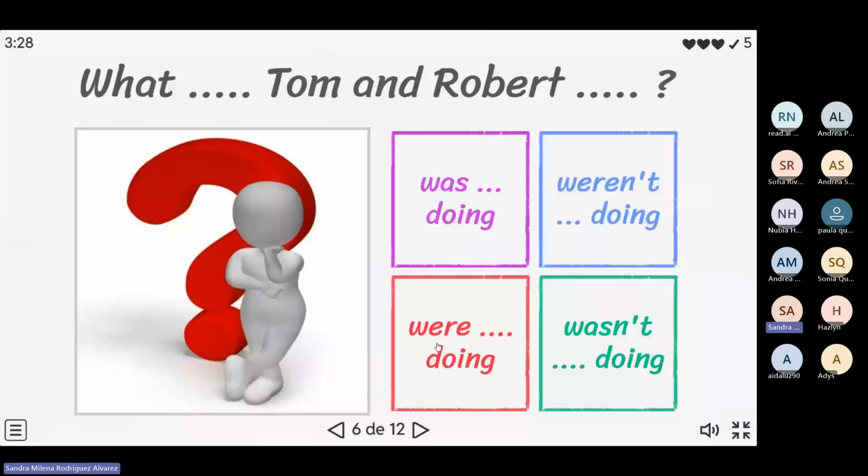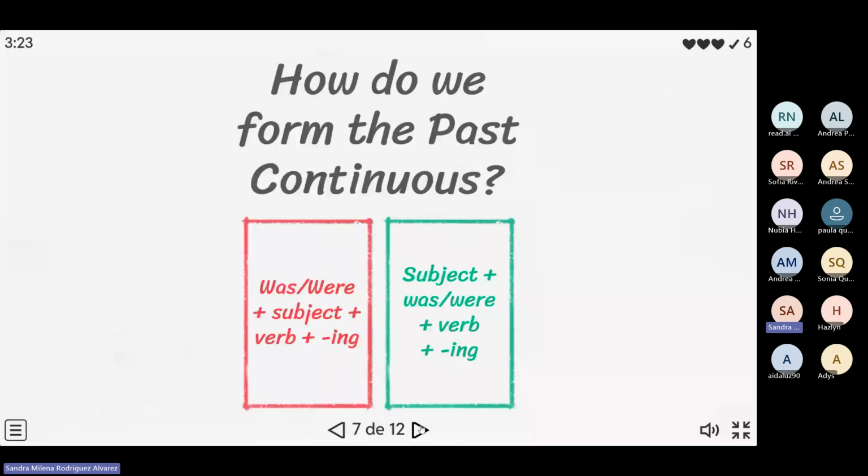Now, how do we form the past continuous? Can you tell me which one is the right one?